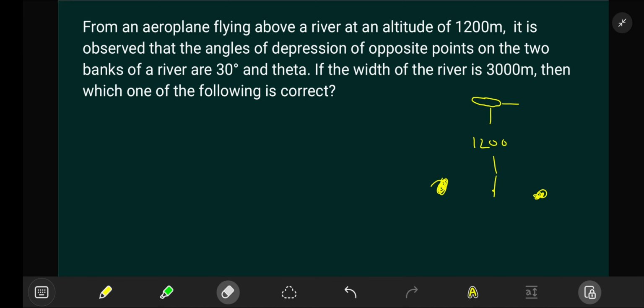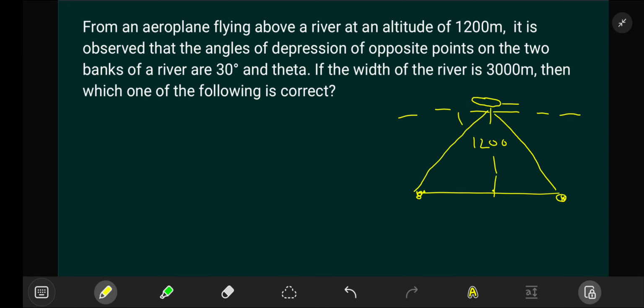And the angle of elevations only, no, angle of depressions are taken with respect to the horizontal, are 30 degrees and theta.